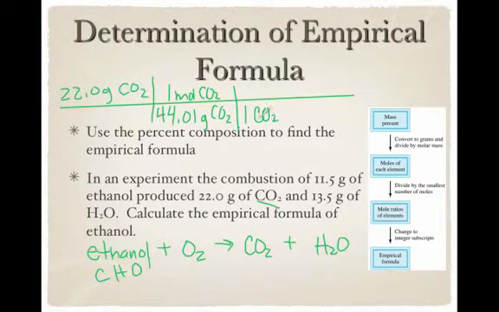So one CO2, I should probably put 1 mole of CO2, right? CO2 has how many moles of carbon? 1 mole of carbon. Does everyone see how that canceled? We need to cancel this out. We're trying to find the mass of just carbon in the 22 grams.